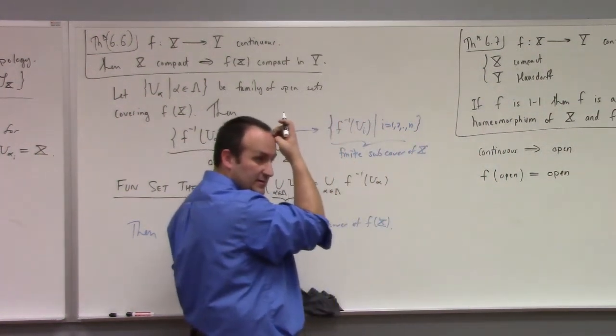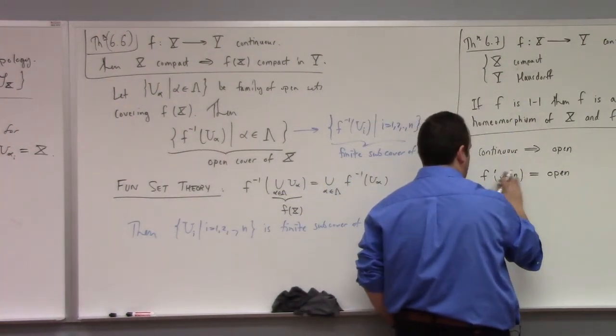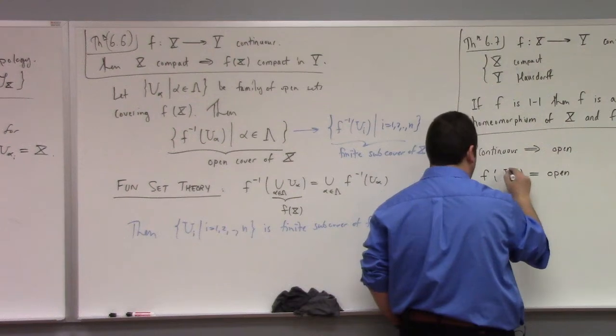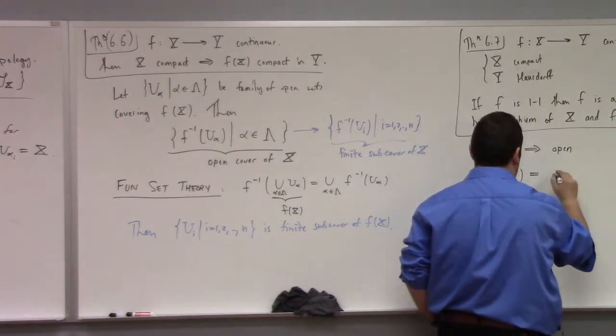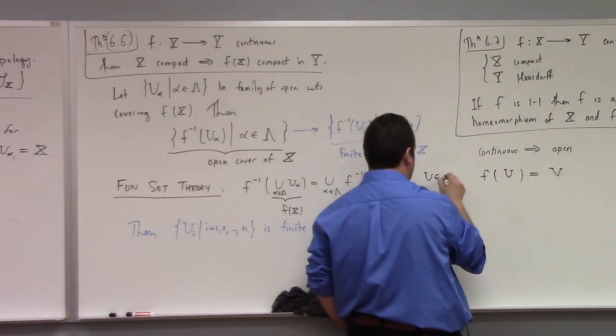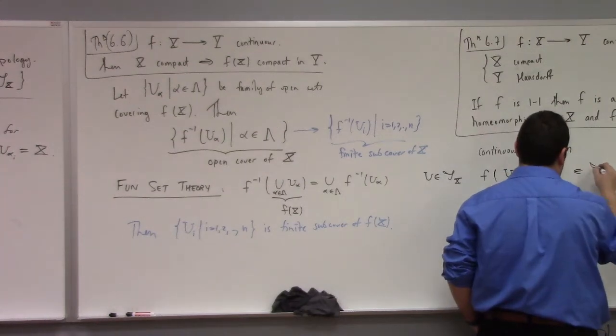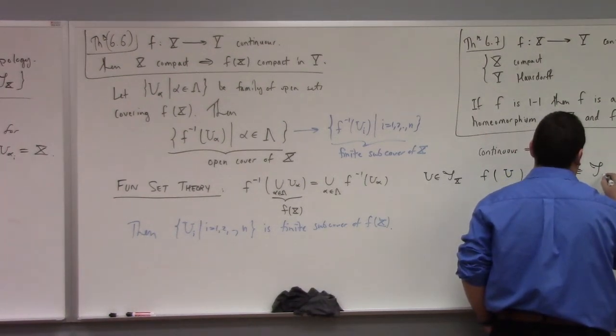What's that mean? So let's say f of u is v, for u in the topology of x, and v in the topology of f of x.